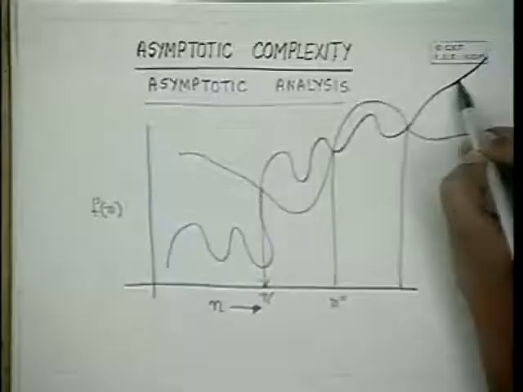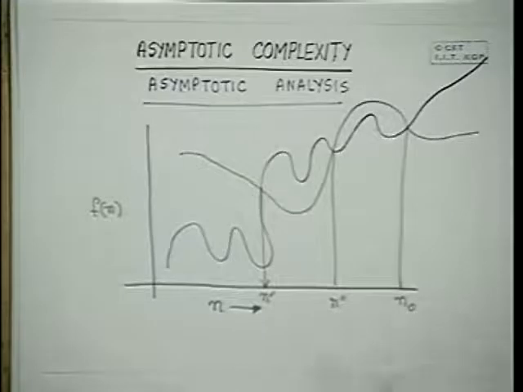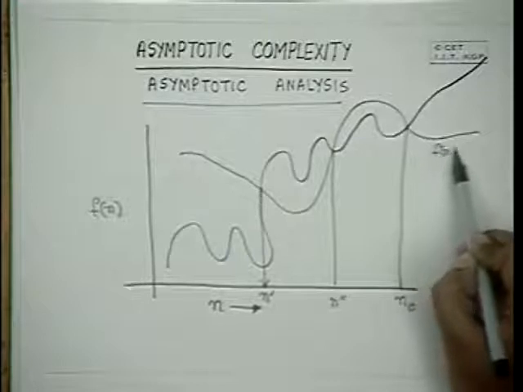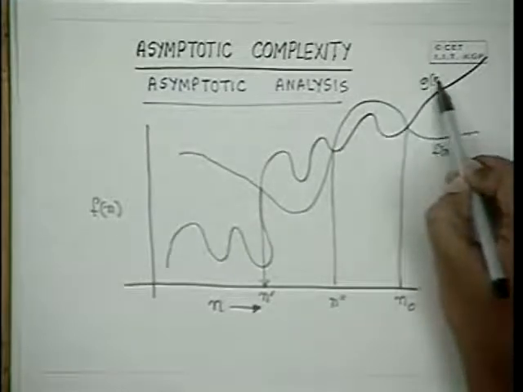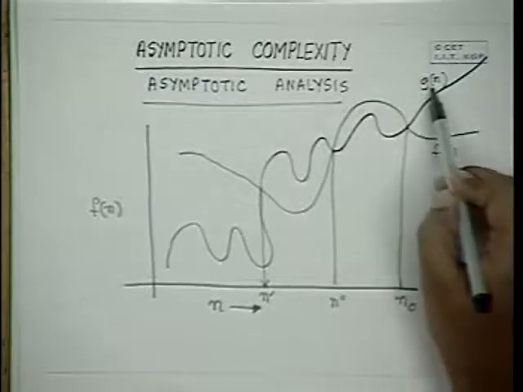But if after a certain point, one of them is definitely better than the other beyond this, which is called the n naught point, then we say that this, let us call this Fn, and this, let us call this Gn. We say that Fn is less than Gn asymptotically.